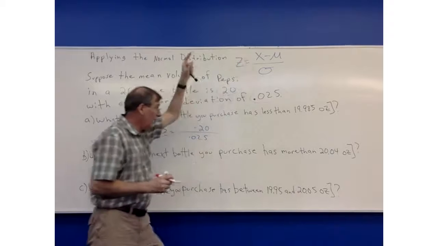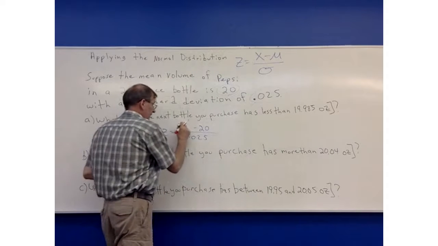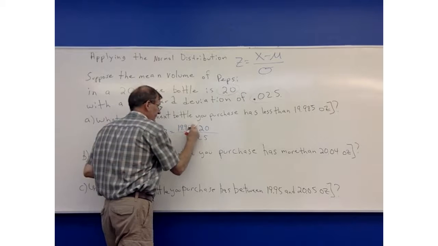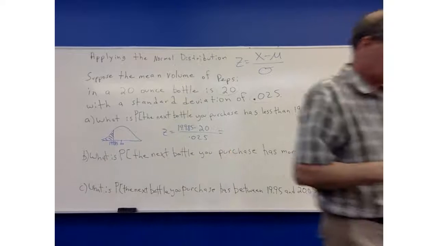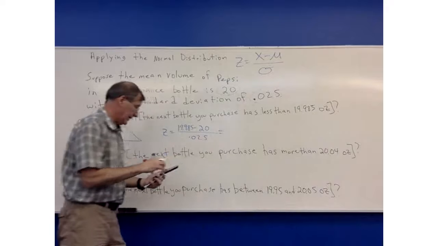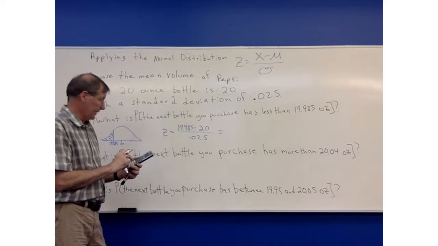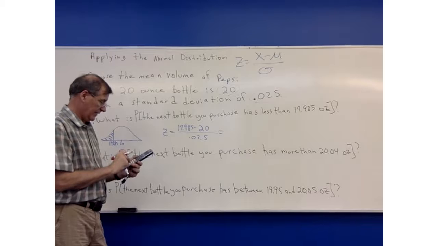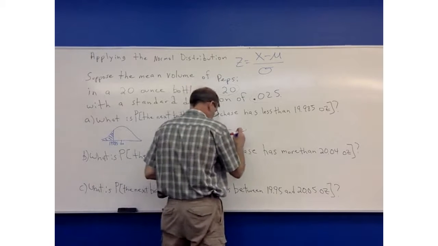X is what particular value we're interested in, 19.985. If we do the math, 19.985 minus 20 divided by 0.025, and we get negative 0.6.